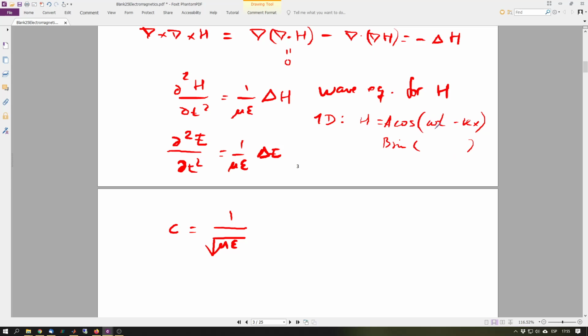We can derive the omega and k, and our c will be omega over k, according to the units.